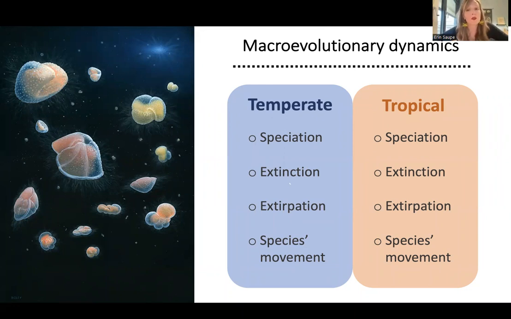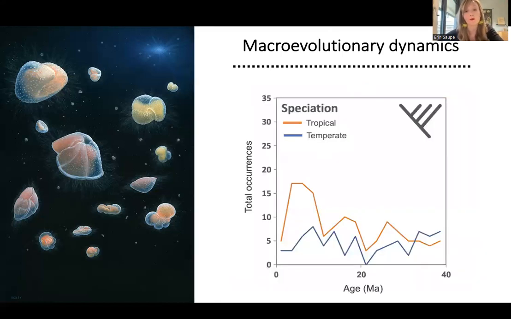And of course, both high latitude extirpation or extinction and low latitude speciation would contribute to the emergence of an LDG. And so again, we wanted to test this by looking at rates of speciation, extinction, extirpation, and dispersal in low versus high latitudes. And in this case, we define this as within or exclusive of 30 degrees latitude.